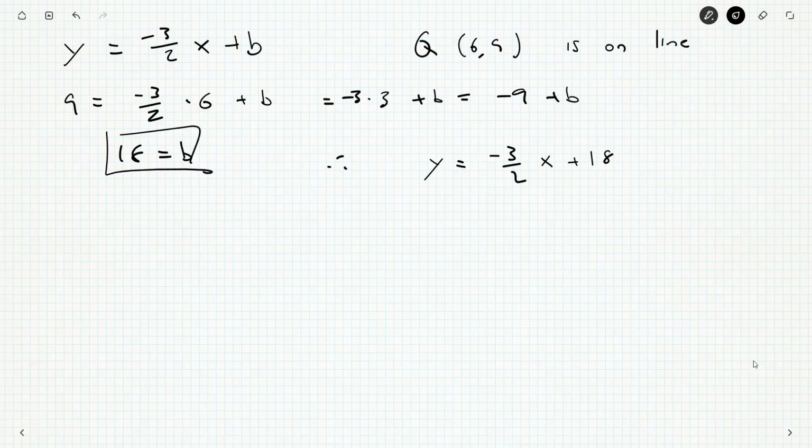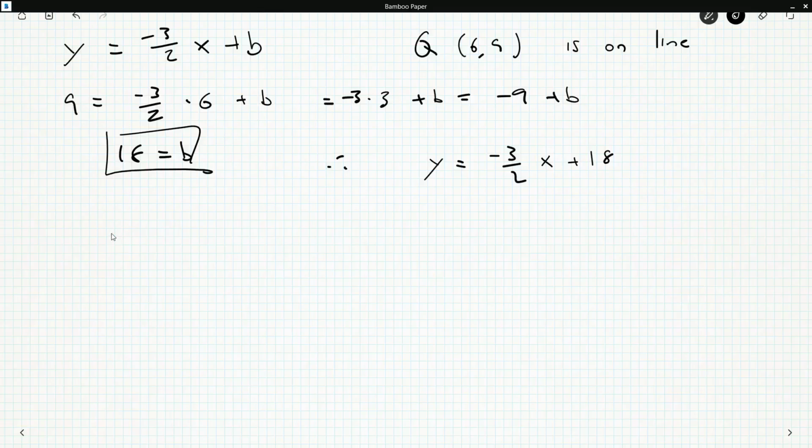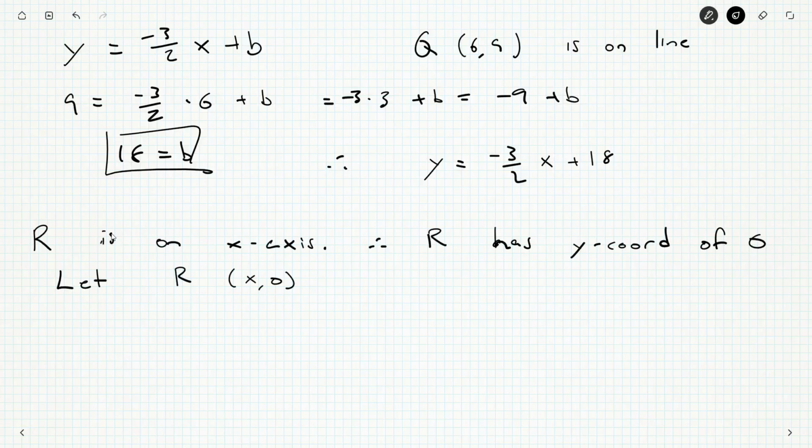And now for C part, they wanted the x-intercept, right? Crosses the x-axis. So R is on the x-axis. Therefore, R has a y-coordinate of 0. So let R be at, let's say, (x, 0). Actually, I'm going to call it (a, 0) just so I'm not confused with the x's in my equations.